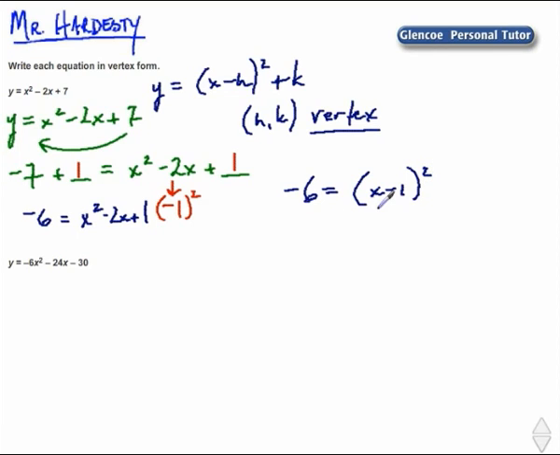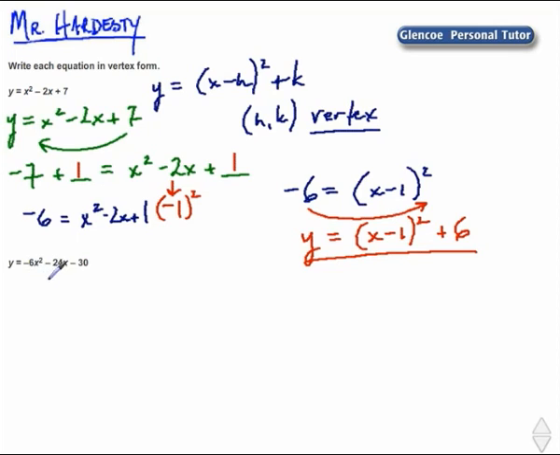That is, x minus 1 squared. Finally, we'll take our constant and send it back to the right side and say y equals the quantity x minus 1 squared plus 6. And that is our equation in vertex form.